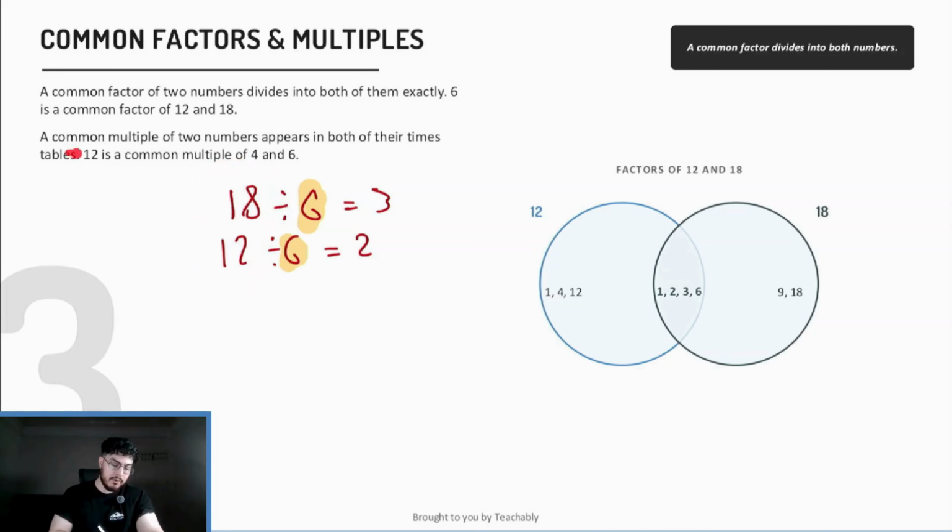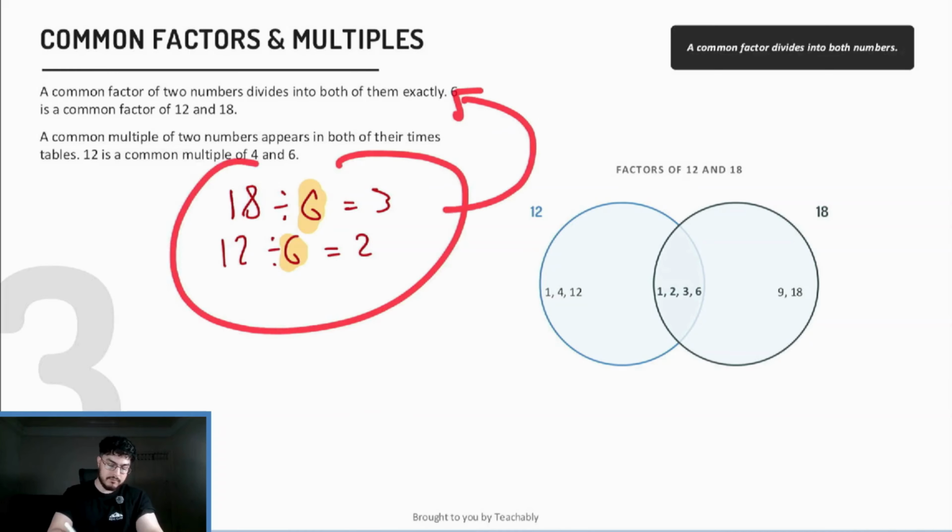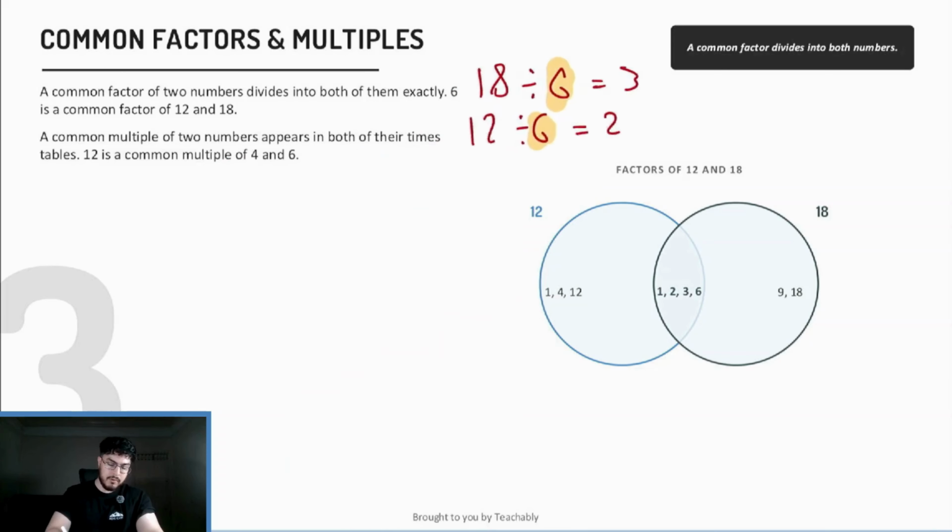Now a common multiple of two numbers appears in both of their times tables. 12 is a common multiple of 4 and 6. What does that mean? So this was the example for the factors, but for the multiples, let's have a look. So if we look at 4, what are the multiples of 4?